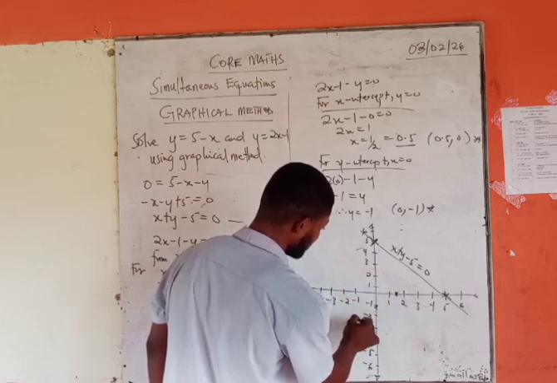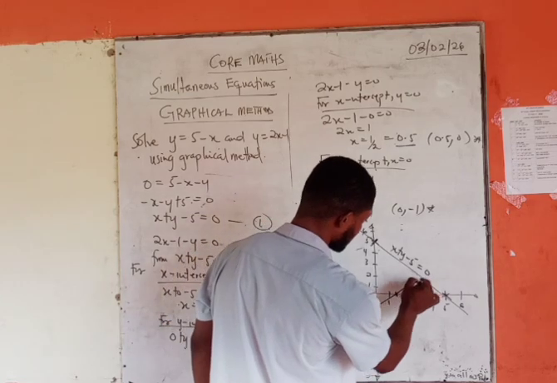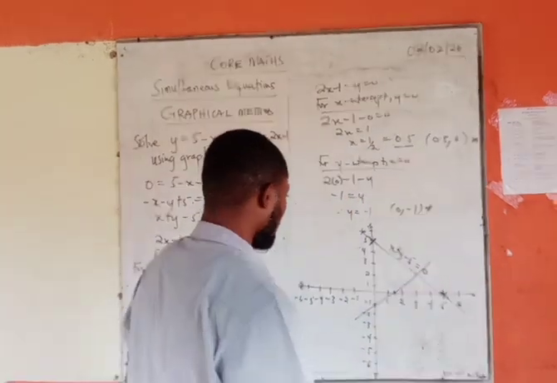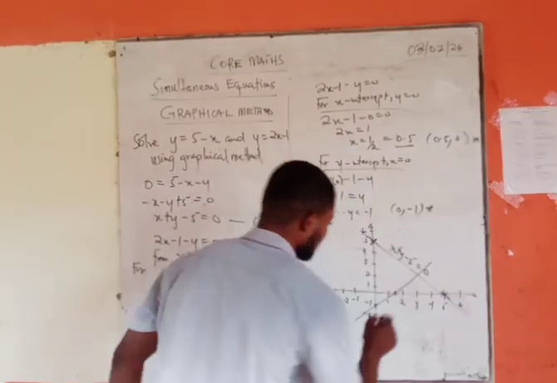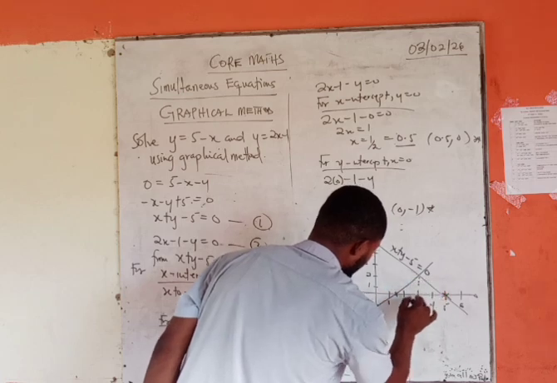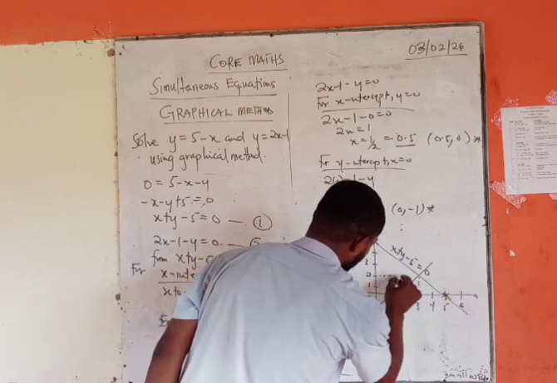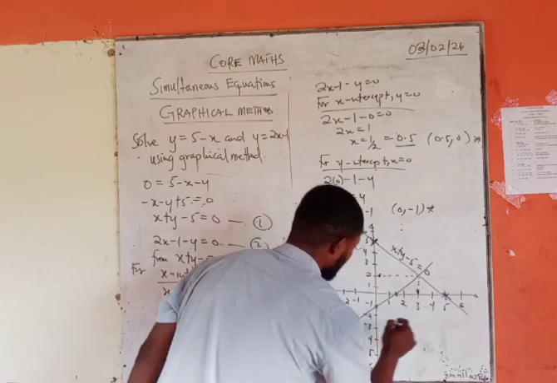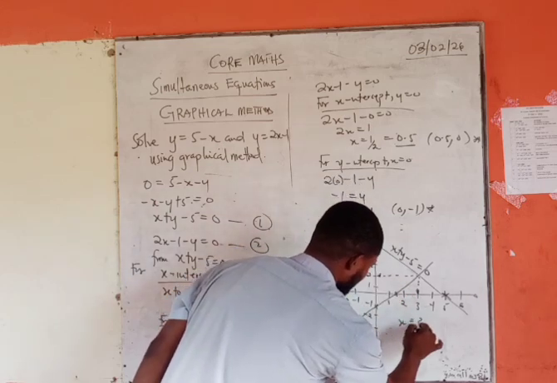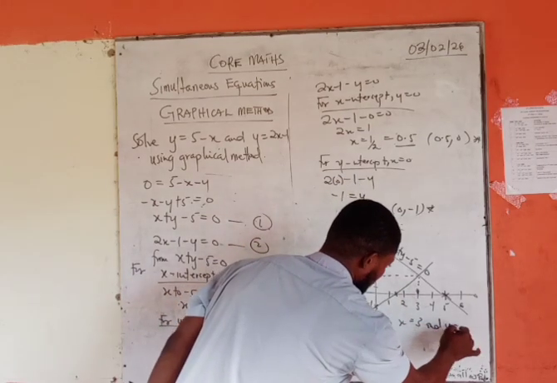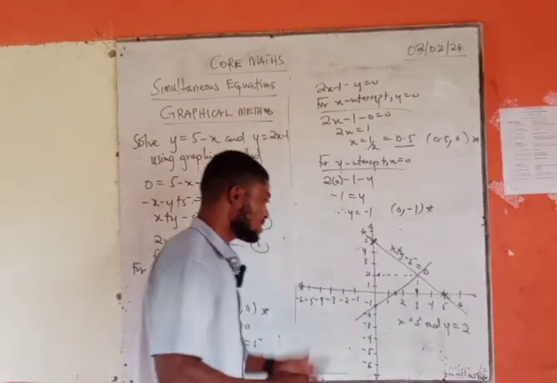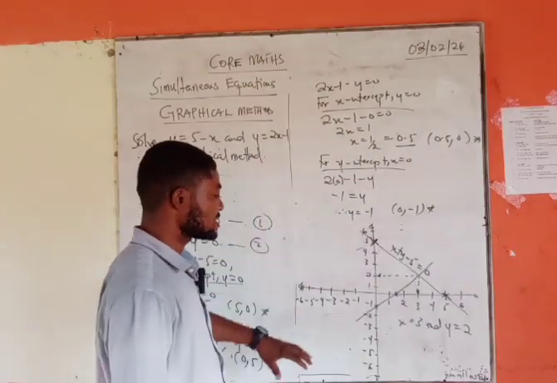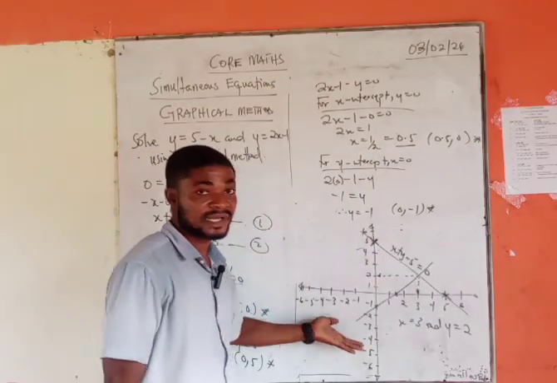I trace this nicely through these points. If I trace it properly, I can see my x giving me 3 and my y giving 2, that is if I do it well. So I have x is equal to 3 and y is equal to 2. This is how we simply use the graphical method to work with something like this.